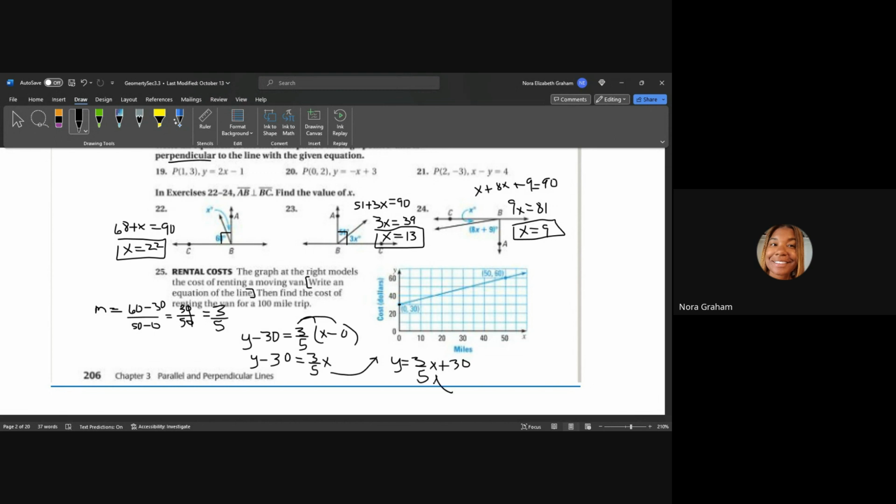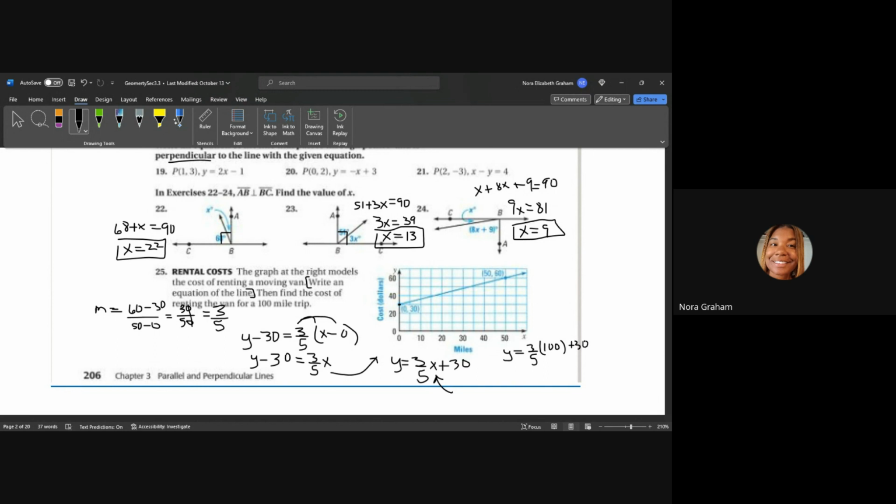Wherever I see an x, I substitute in 100. And then my output is going to be my cost, what they're trying to ask us for. So I substitute 100 into my equation: 3 over 5 times 100 plus 30.